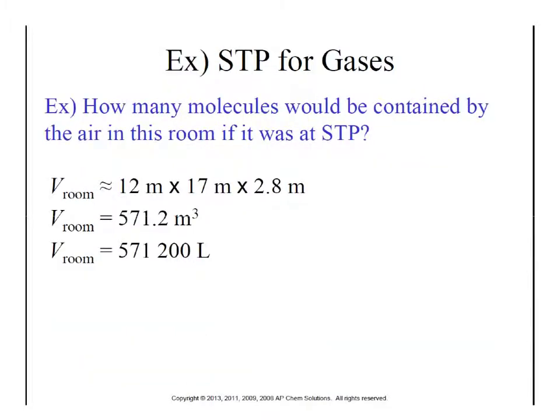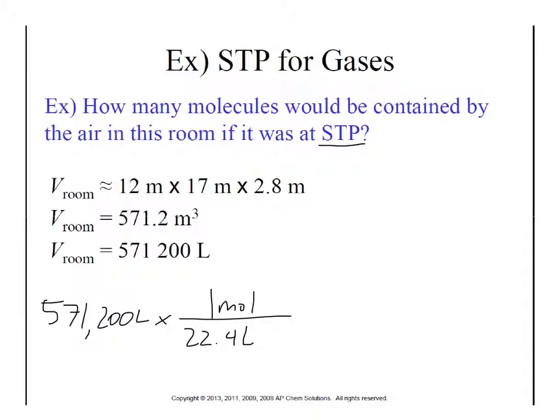So for example, the room I'm in is about 12 meters by 17 meters by 2.8 meters, which then would have a volume of 571,200 liters. So if we want to figure out how many individual gas molecules there's floating around in here, I don't have to figure out what the different kinds of gas are inside this room. It doesn't matter, Avogadro's principle. So if we've got 571,200 liters, there is 22.4 liters for every 1 mole, since we are at STP.